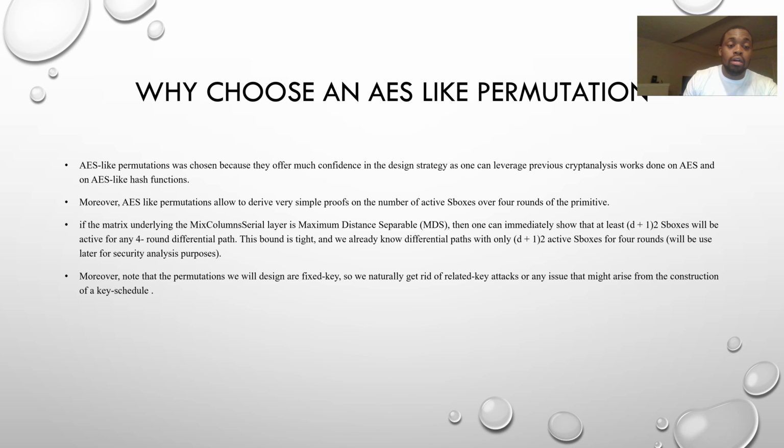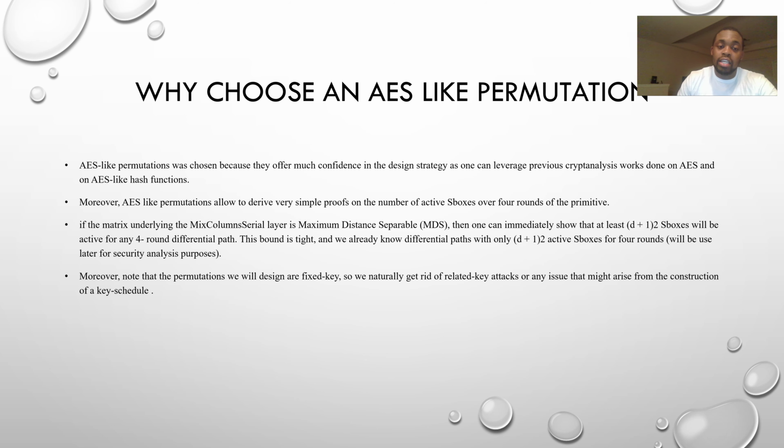The AES-like permutations were chosen because they offer much confidence in the design, as one can leverage previous cryptanalysis work done on AES and AES-like hash functions, and they allow deriving very simple proofs on the number of active S-boxes over 4 rounds.